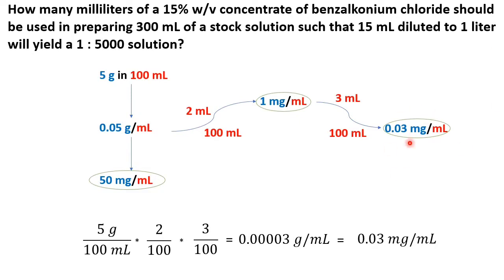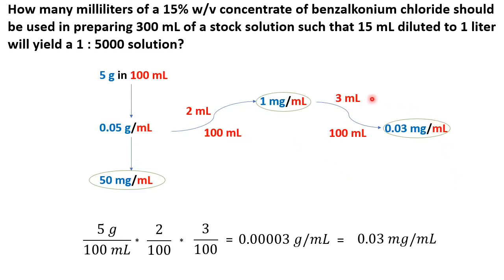Now, a very important thing we must know: if the concentration of the final solution is 0.03 milligrams per milliliter, and this solution resulted from diluting 3 milliliters of a stock solution to 100 milliliters, how can we get the concentration of the stock solution? This is very simple.